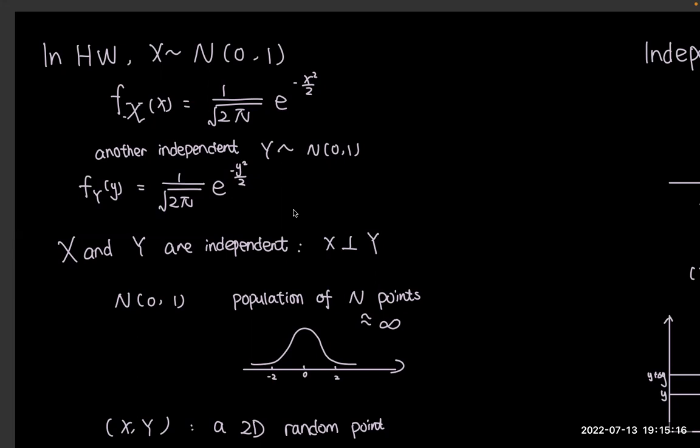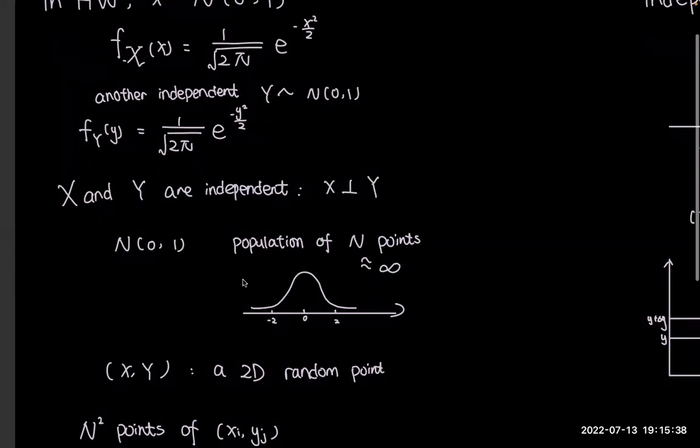More specifically, let's also generate another random variable y, following normal 0, 1, and x and y are independent. So the density of y is 1 over square root 2 pi e to the negative y squared over 2. And again, we assume x and y are independent.